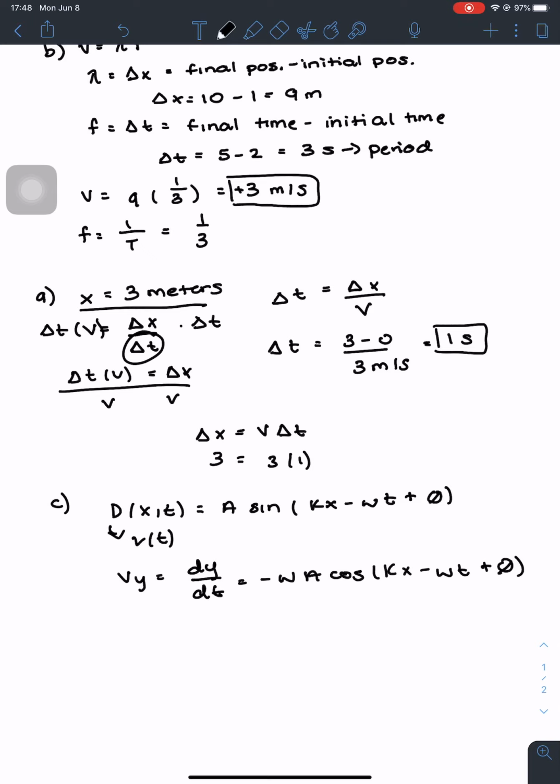But you see here, a particle's maximum velocity is at 0 displacement.